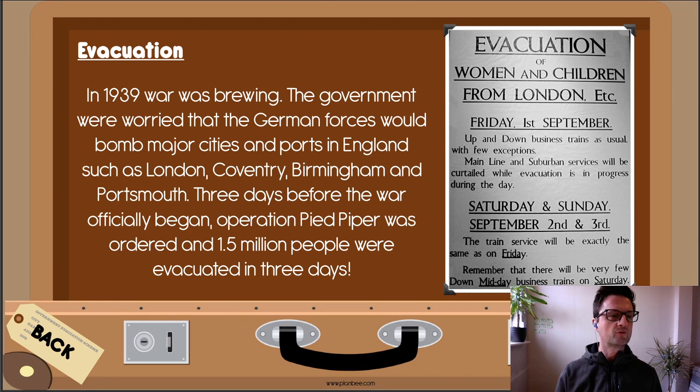3 days before the war officially began, Operation Pied Piper was ordered and 1.5 million people were evacuated in 3 days. Isn't that incredible? That many people evacuated in 3 days. And there you can see a poster from 1939 all about the evacuation procedures.